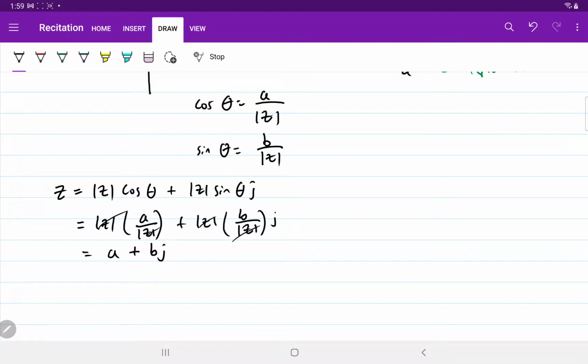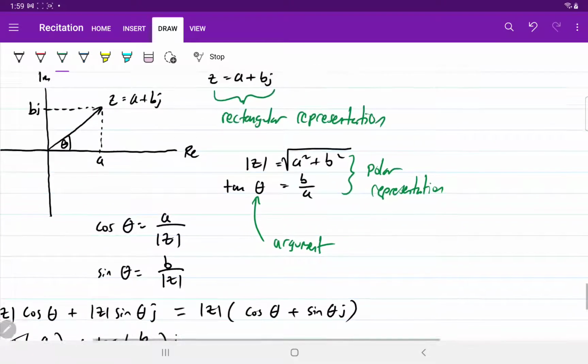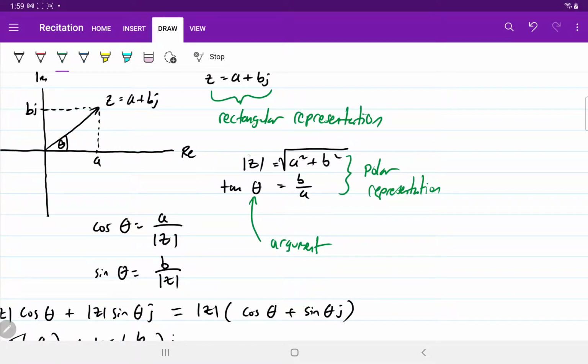Okay, so this is nothing but the modulus multiplied by cos theta plus sin theta times j. Theta is referred to as the argument or the angle, and here is the modulus.